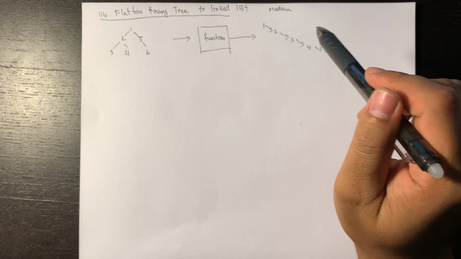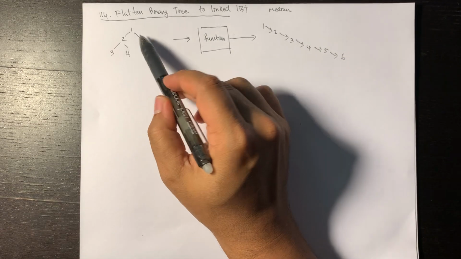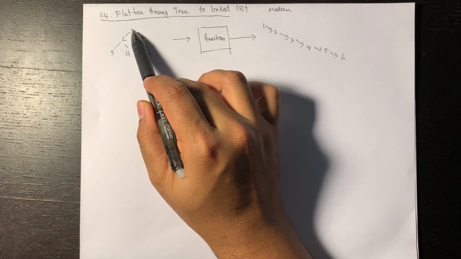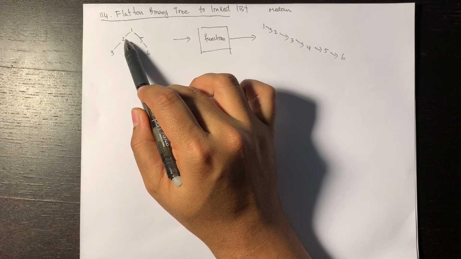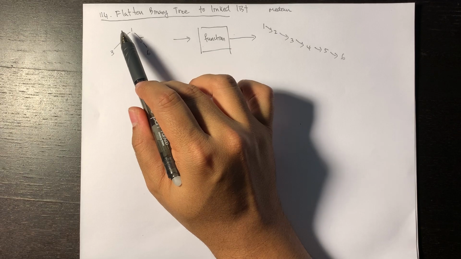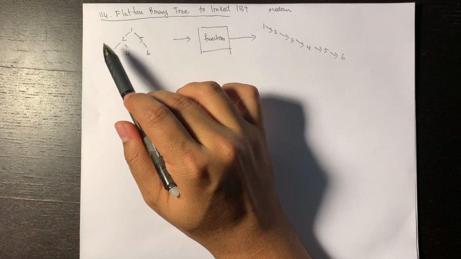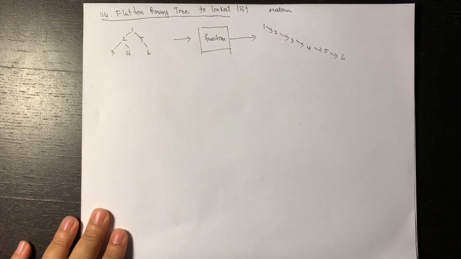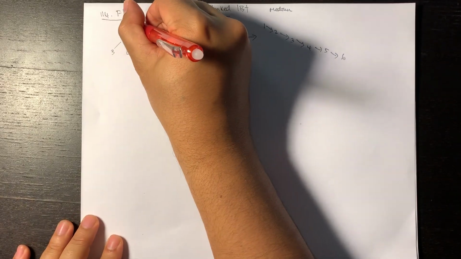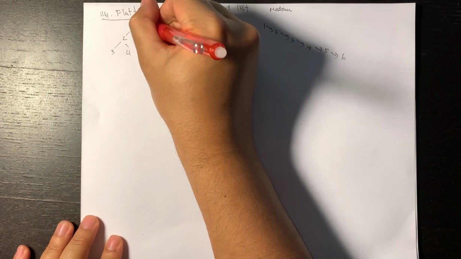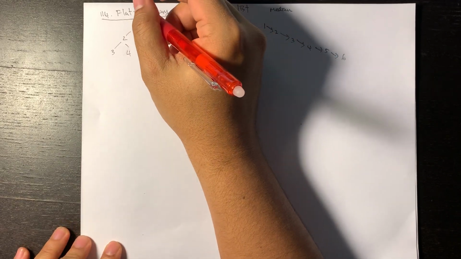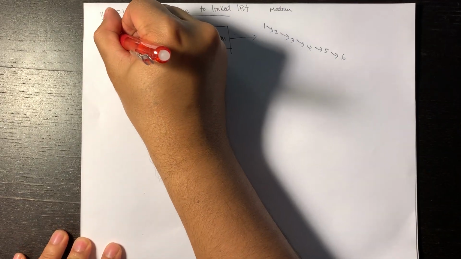No, not in order. So you're supposed to go, you visit, go left, you visit, go left, you visit. So let's do visit, left. I think this is a pre-order.